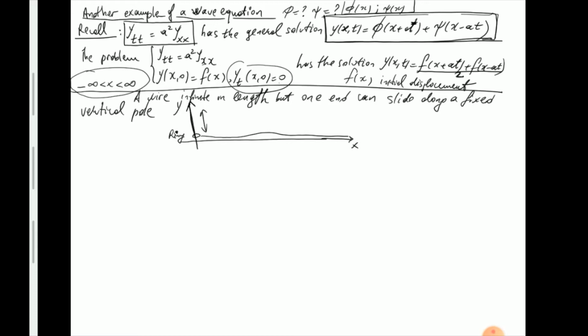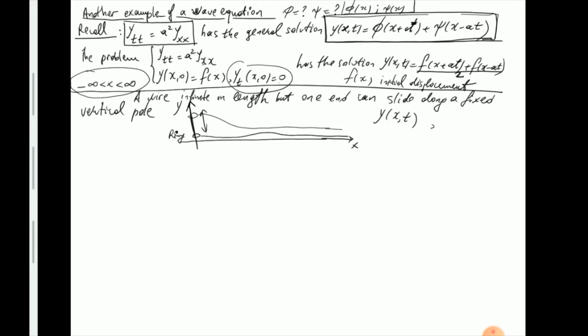So for example, this ring could be here, and then the wire maybe hangs like this. But anyway, the end point of the wire can move up or down. In this configuration, the dependent variable, which denotes the displacement of the vibrating string, doesn't make sense to be defined for all x.